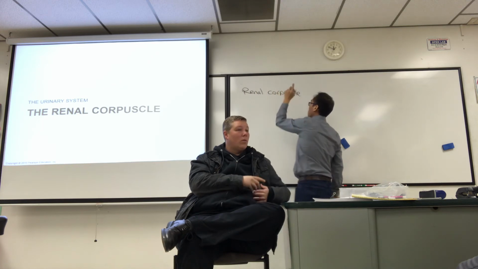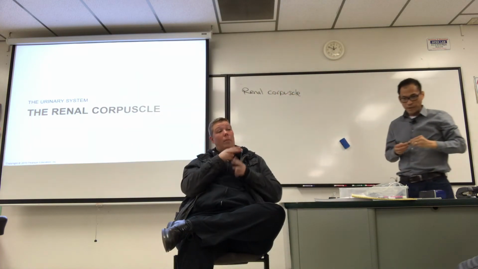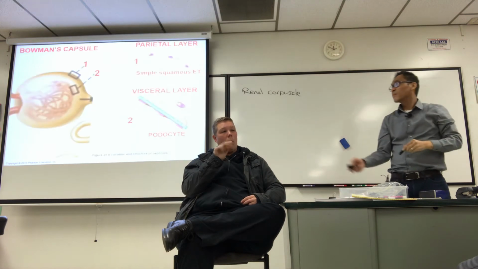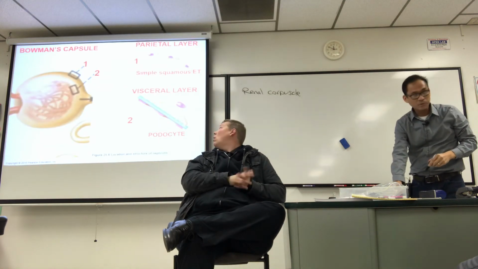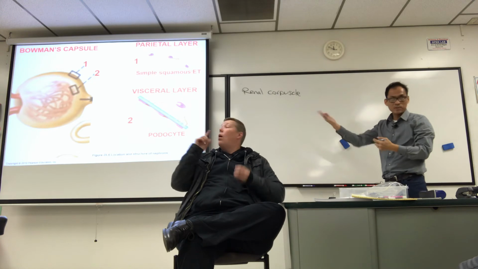So whenever you see this term renal corpuscle, it's referring to this. What you see there is the Bowman's capsule surrounding the glomerulus.